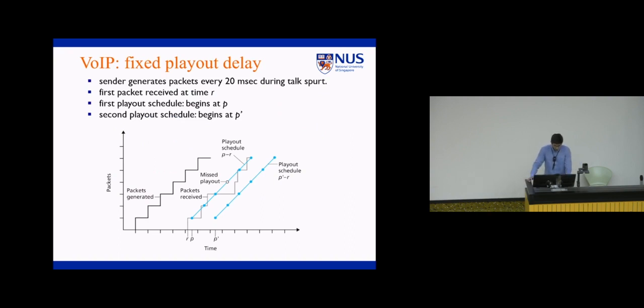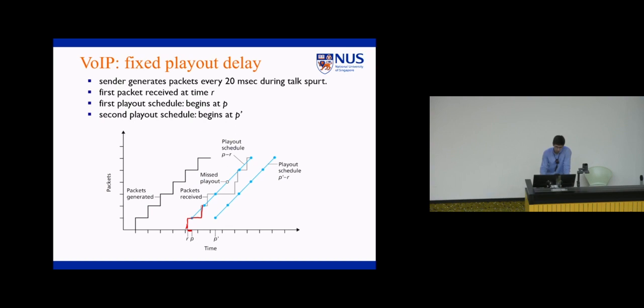So this is how it works on our famous graphs. Again, the black plot here is the time the packets are generated, and this light gray line here is the time they are in fact received. If you choose a playout delay of this much, P minus R, as you see here, most of the packets can be played.